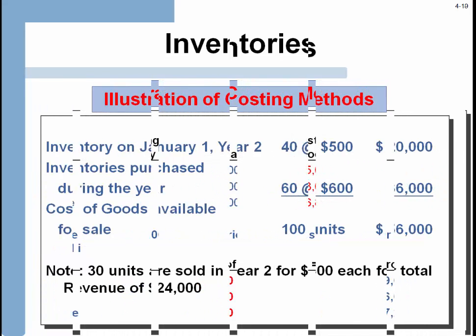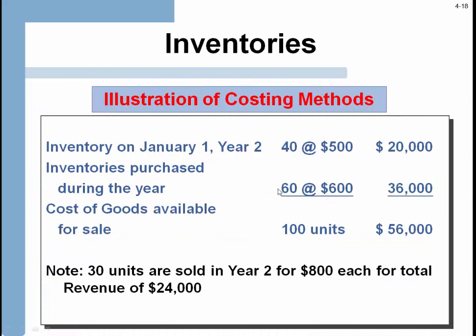If we go back one slide, it says they sold 30 units, so 30 of these units were sold. You take 30 times 500, that's $15,000. And 56 less 15 gets you 41,000.